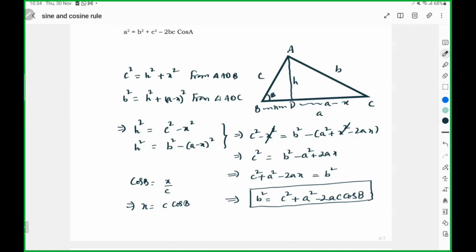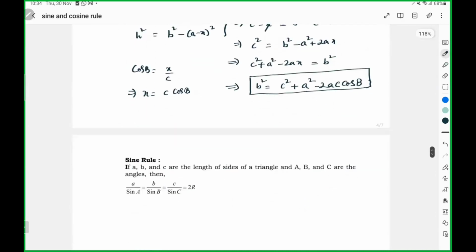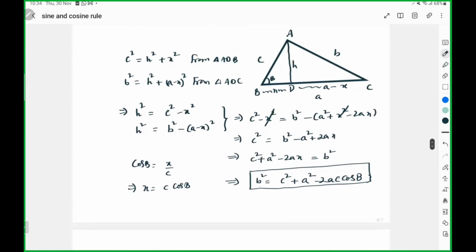This is the cosine rule. Not only B, it's nothing but one side square is the sum of the remaining two side square lengths minus 2 times the product of them and the cosine of the angle between them.